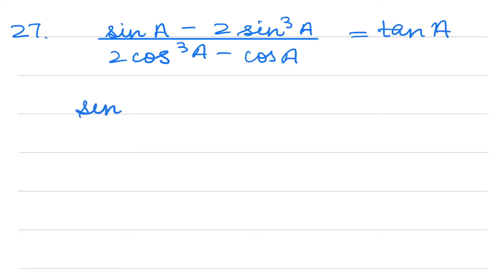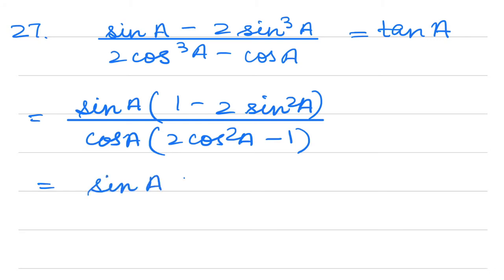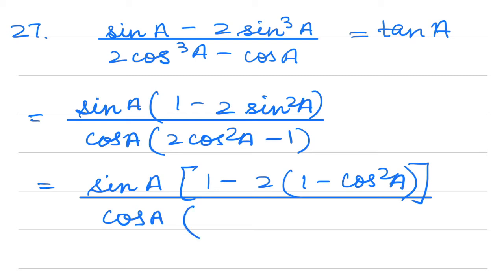Now I can take sin A common. I am left with 1 minus 2 sin square A divided by cos A common. I am left with 2 cos square A minus 1. Sin square A I can write down as 1 minus cos square A, and we have cos A into 2 cos square A minus 1.